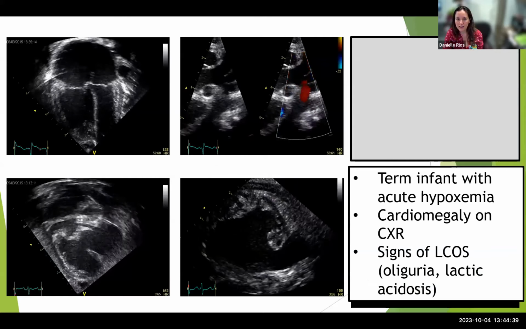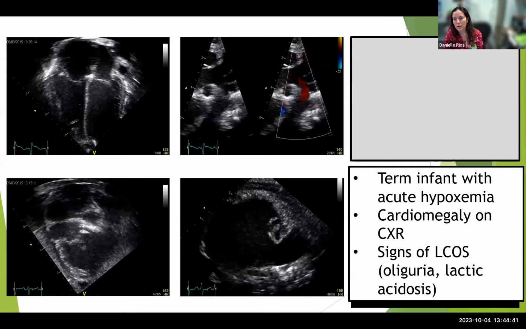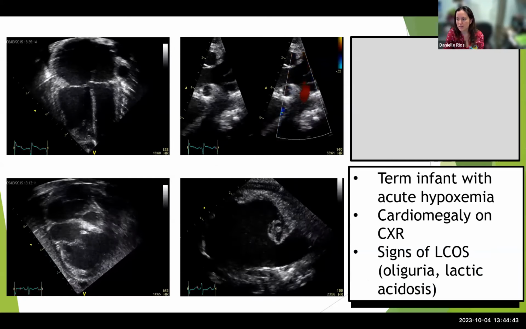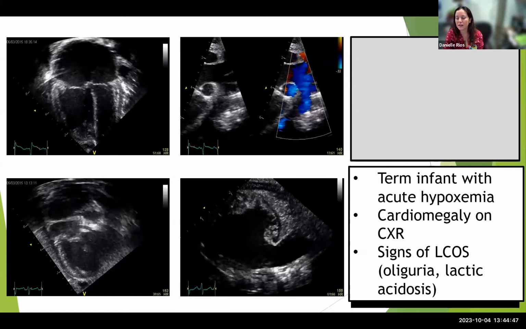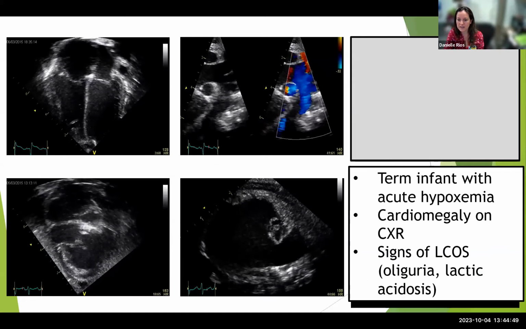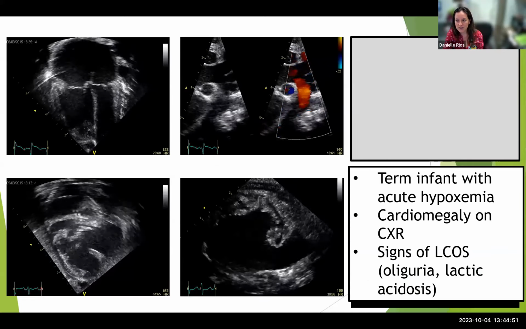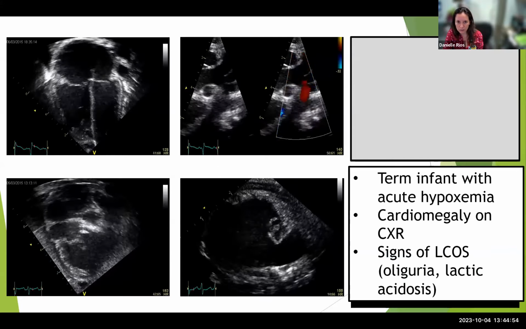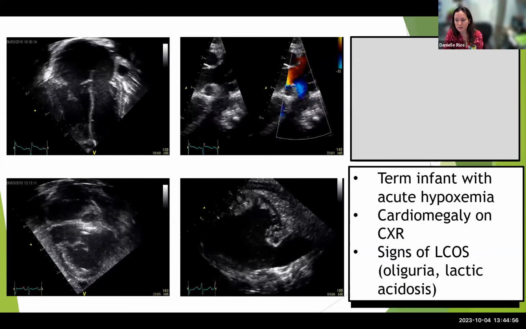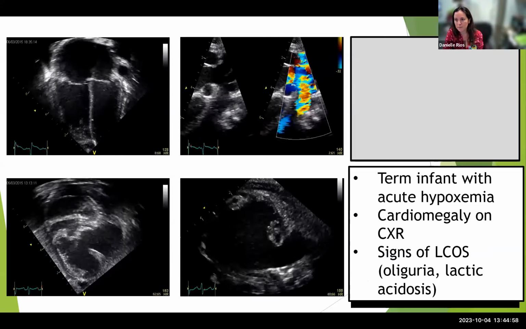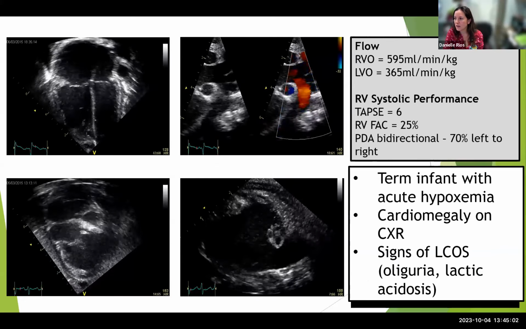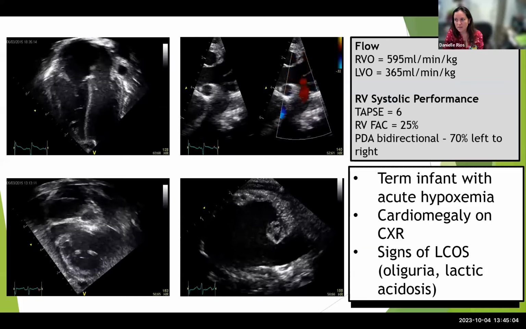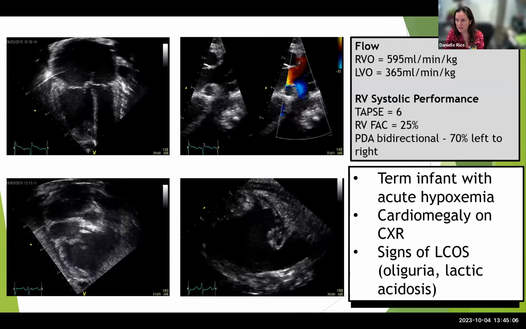And then another one who was a term infant, acute hypoxemia, cardiomegaly on X-ray, again, signs of low cardiac output state. And just look at the images and see if you think that anything is abnormal in these images and what you'd be concerned about. And let me tell you that the flow is high, the RV is not great.